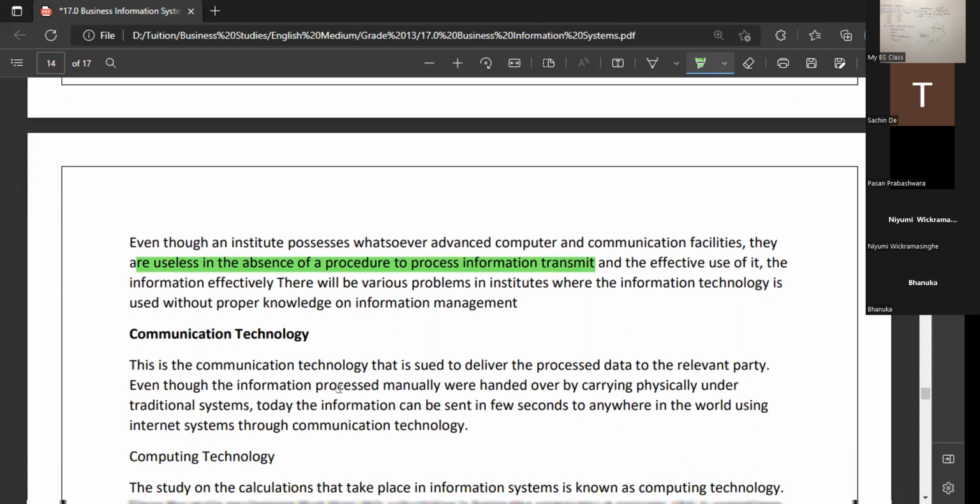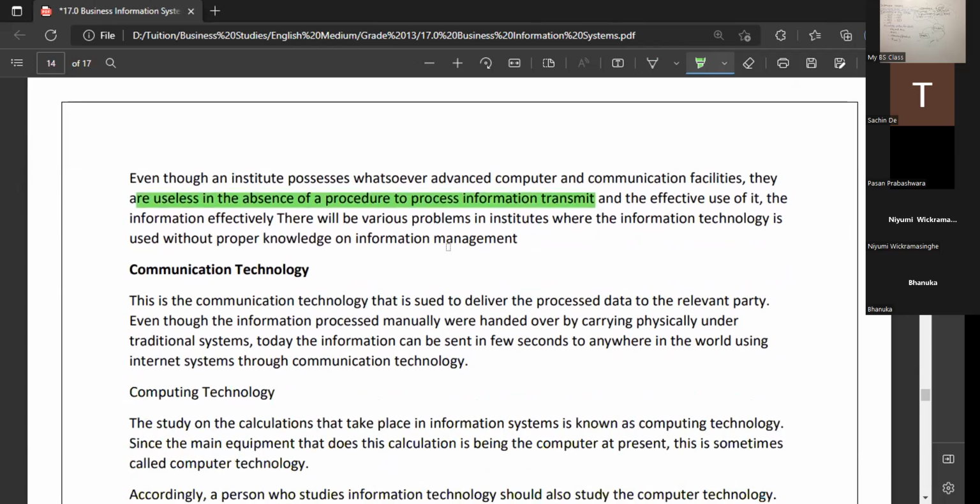And moving to the communication technology. This is what is used to deliver the processed data. Processed data is delivered to the relevant party, to the manager. So it could be internally, externally, to the general public maybe sometimes, right?